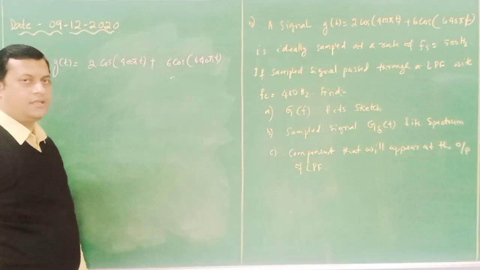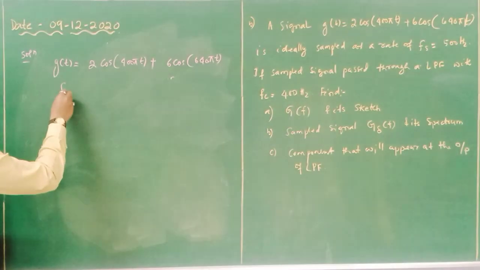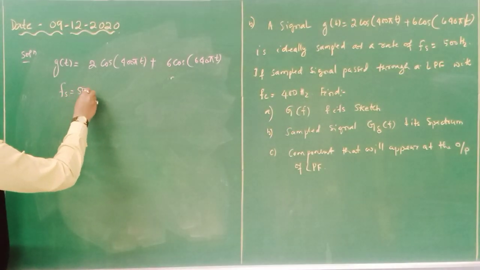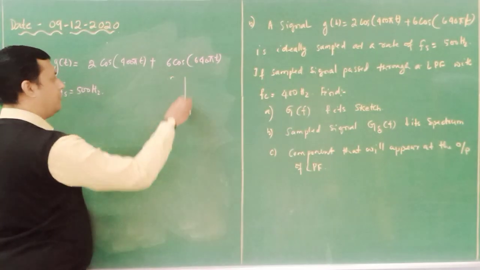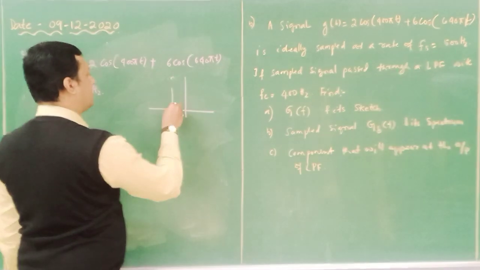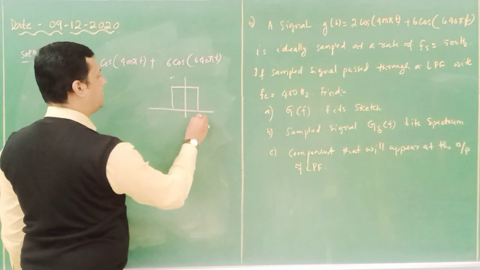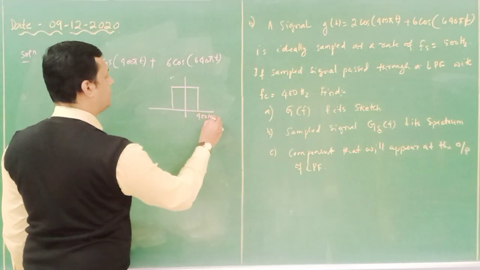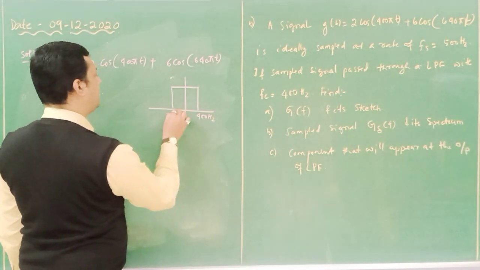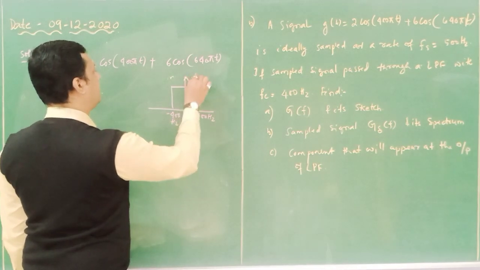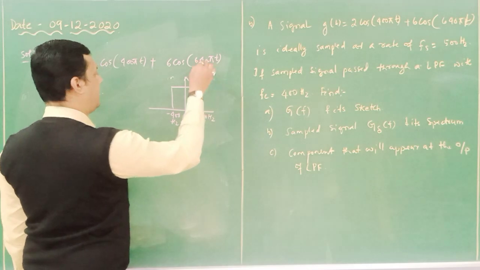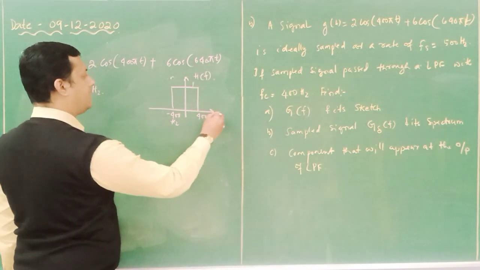Done. And the sampling frequency is given as 500 Hz and the ideal low pass filter response is given as 400 Hz cutoff frequency, and here it is minus 400 Hz, amplitude is 1, and this is H of f. This is the low pass filter characteristic.